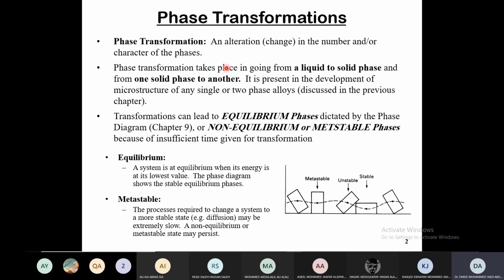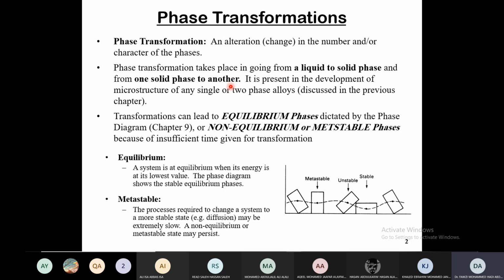That's a change which you have. Phase transformation takes place going from a liquid to a solid. So you have molten metal to solid metal, you have liquid water to freezing water, whatever, and from one solid phase to another. And we have seen that in the phase diagram as well.